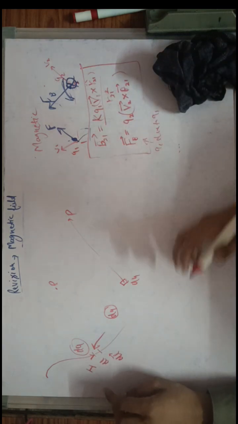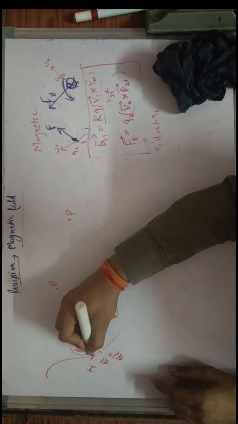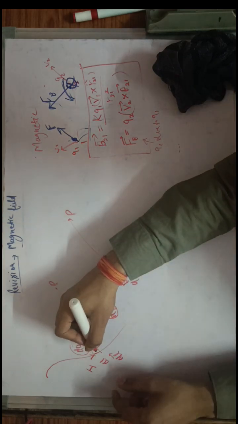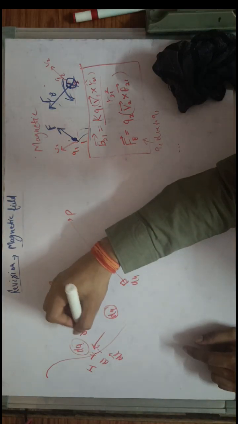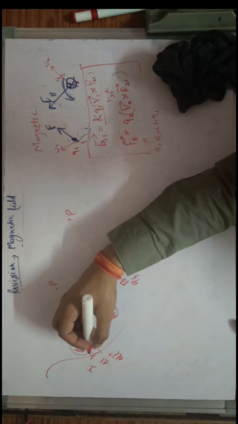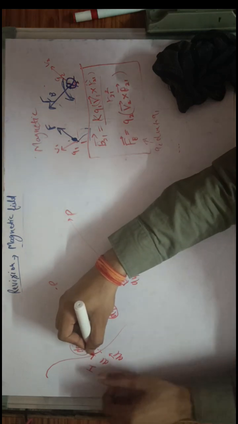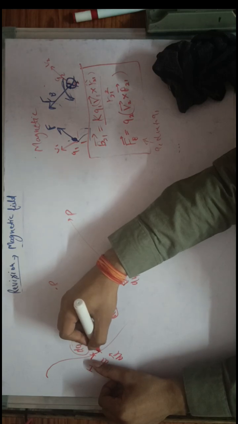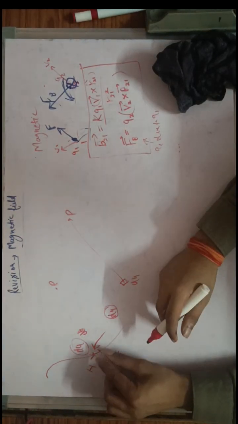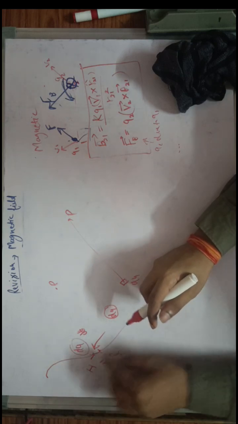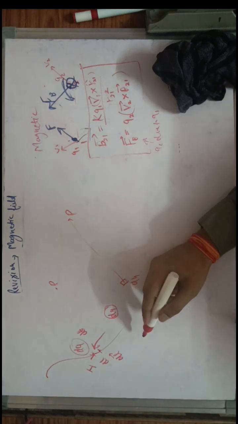And here in this case, let's say the dq charge takes dt time to come out of this length dl. Let's say the charge at this end takes dt time to come out of the other end, then it means the total charge took dt time to flow out through this cross section.